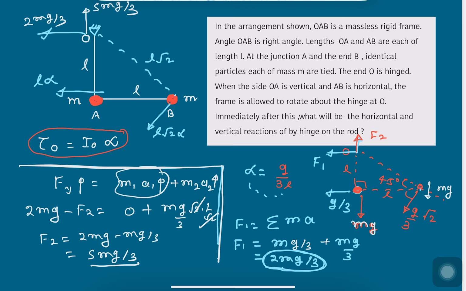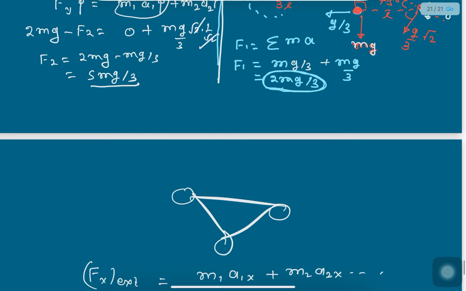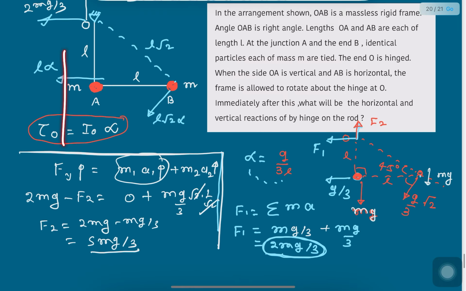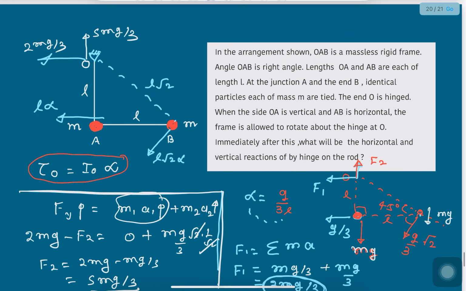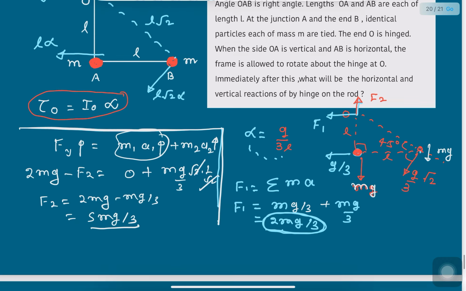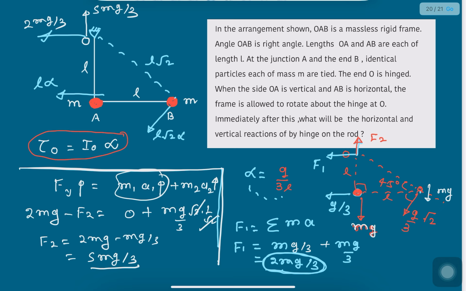Using this concept, I have considered Newton's second law for this system in the horizontal direction and in the vertical direction. First I obtained alpha, then their accelerations, and then applied these two relations in the horizontal and vertical directions. So the horizontal reaction should come 2mg by 3, and the vertical should come 5mg by 3, right?